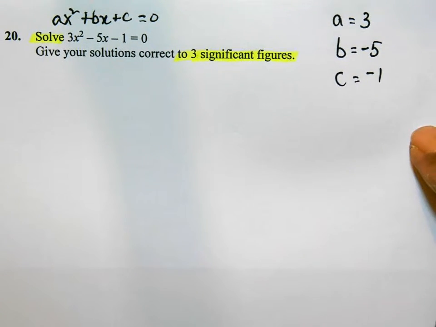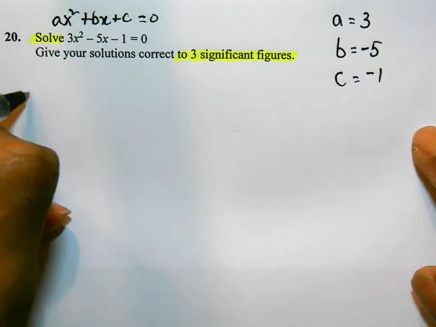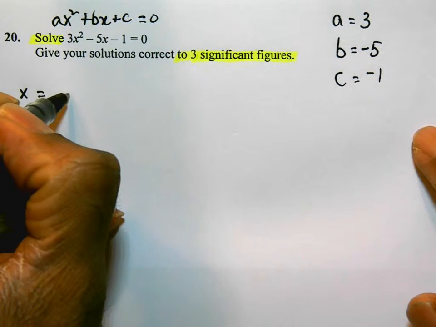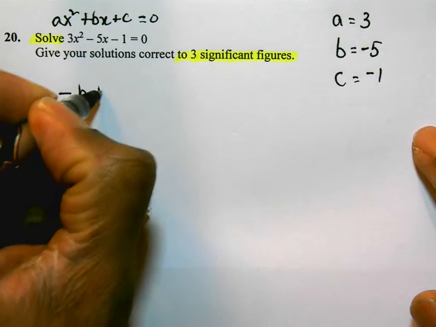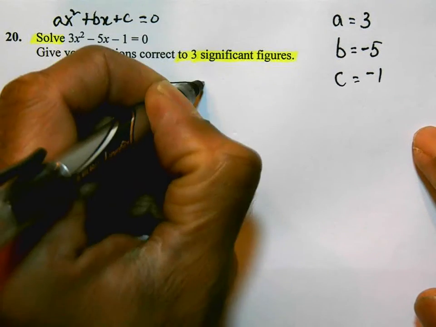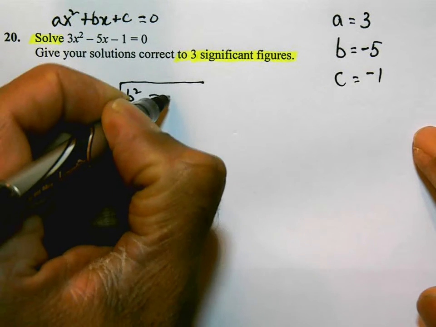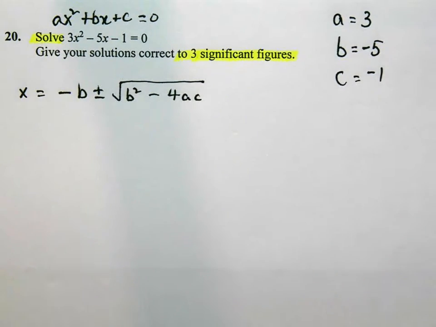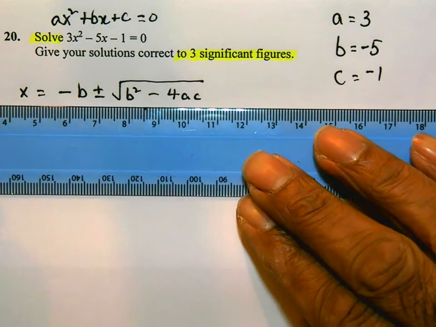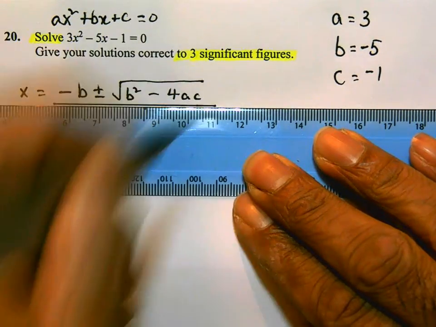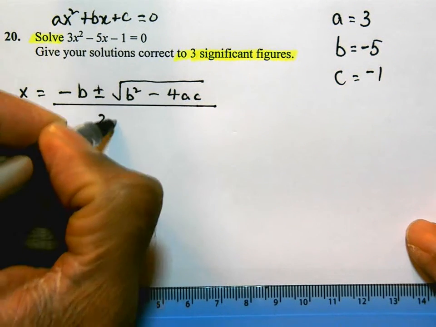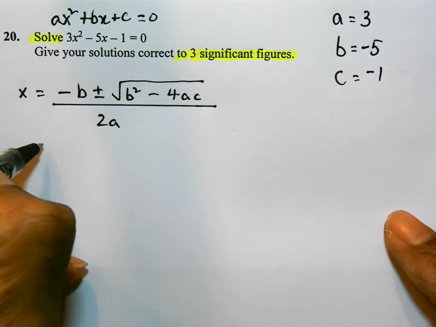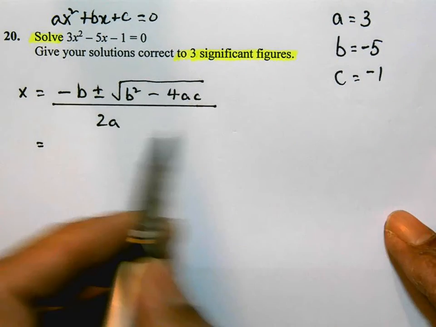Okay, so I've got my 3 values, and I'm going to use the equation from the formula sheet. The equation is minus b plus or minus the square root of b squared minus 4ac, all over 2a. Now I'm going to substitute in the values for a, b, and c.